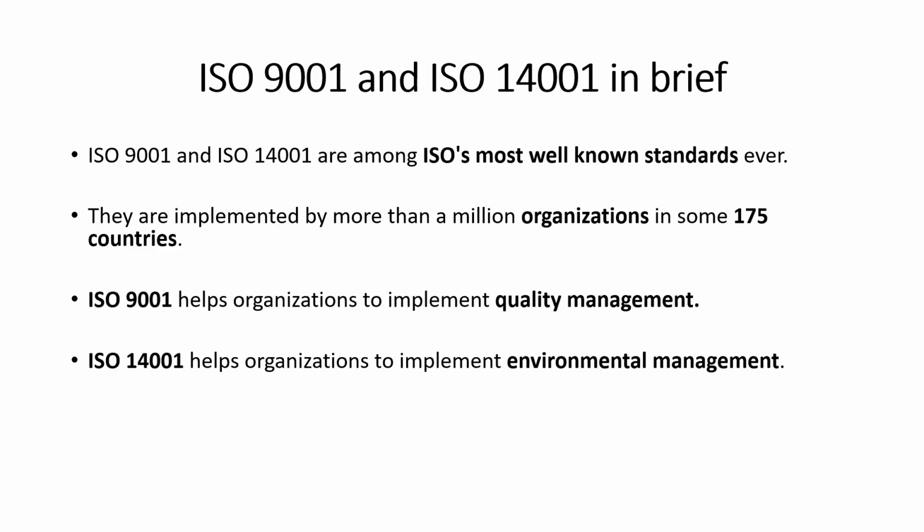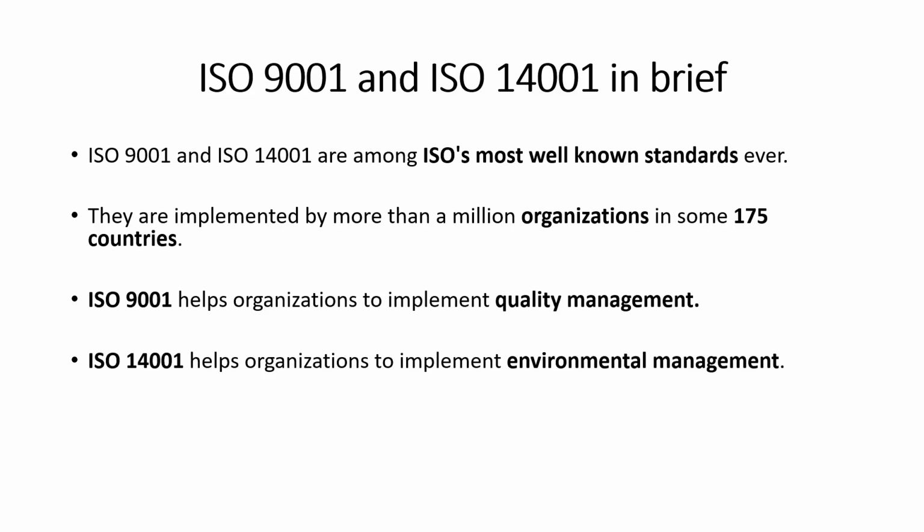So, it is always a good idea to adapt some of these regulations while drafting your own regulations. ISO 9001, this is a very important point, please pay attention. ISO 9001 helps organizations to implement quality management. This is not a technical standard, this is an implementation of quality management protocols, quality management do's and don'ts.